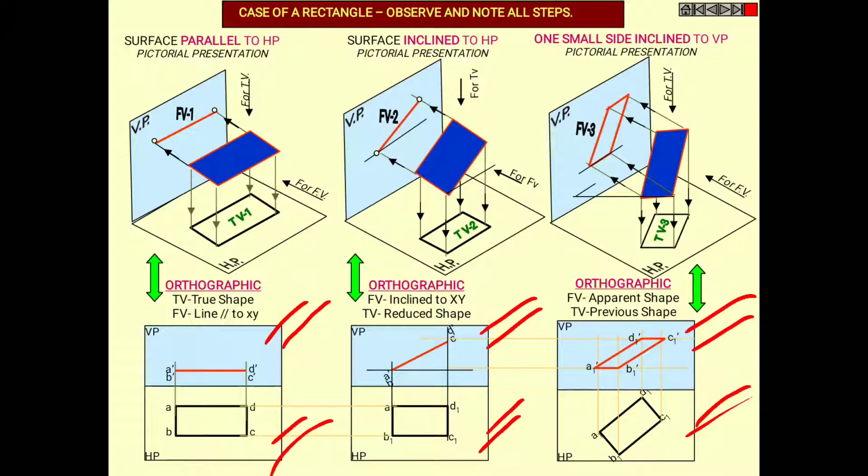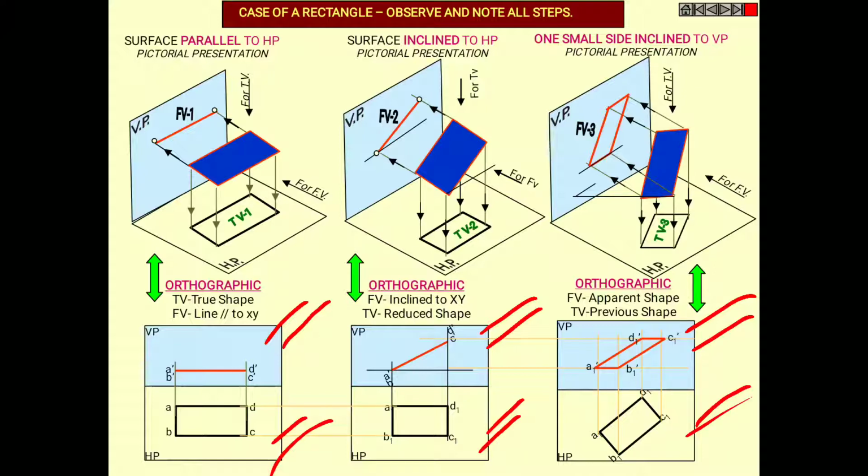This is just for your illustration in order to analyze. So in any steps of your planes, these three play a key role in all the planes. One is parallel to HP and the other is inclined to HP. So this is both the inclination to HP and VP.